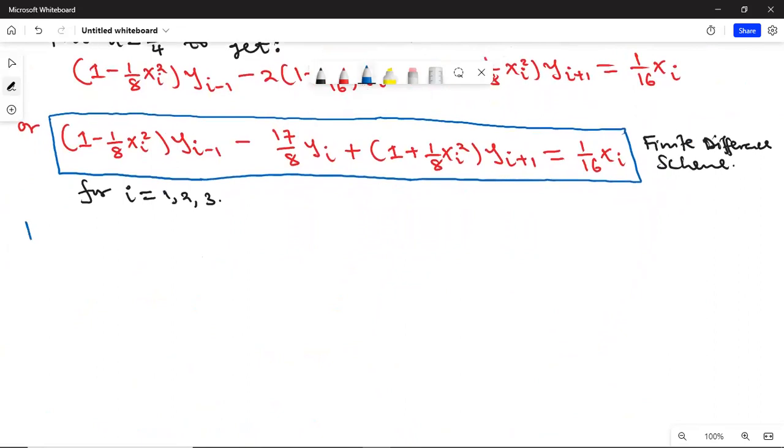So you put i equals 1. What are we going to get? It will give us, let me write it here.